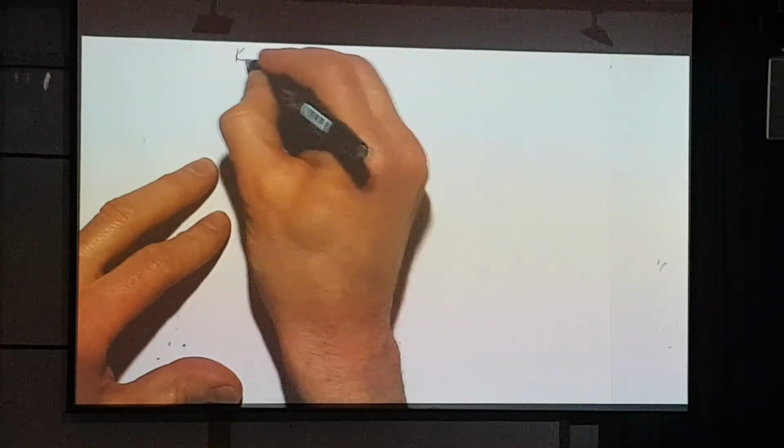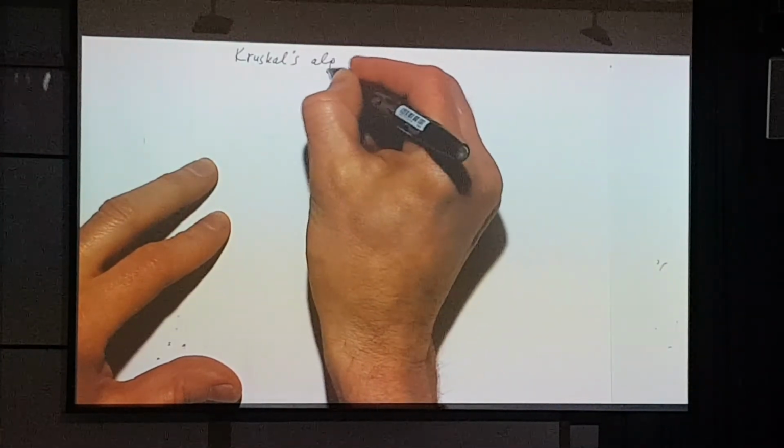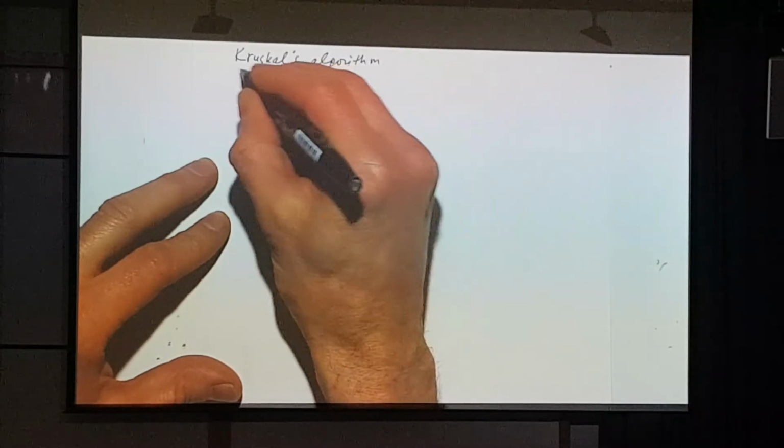So the next algorithm we're going to discuss is called Kruskal's algorithm. Kruskal is not a person. Here you follow the same set of instructions as in Prim's algorithm, except you no longer care about each new vertex being adjacent to a vertex already in the tree.